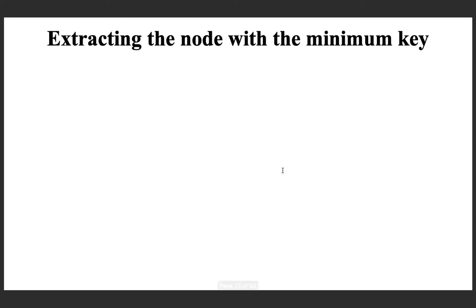Now let us see how you can extract the node with the minimum key value. In the first lecture about binomial heaps, we saw that one of the root nodes in the root list should contain the minimum node.